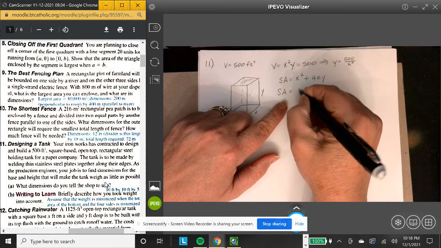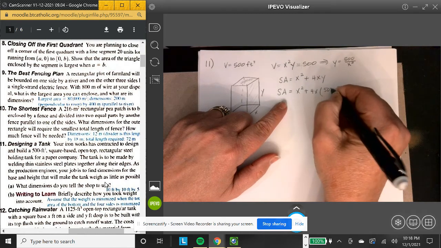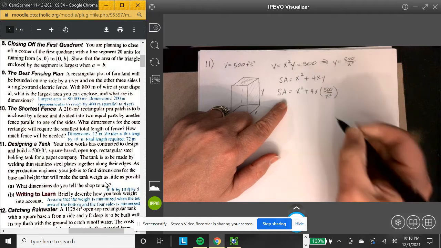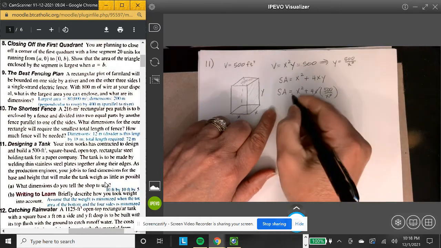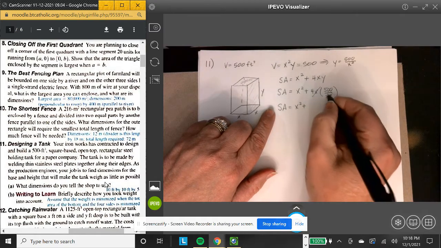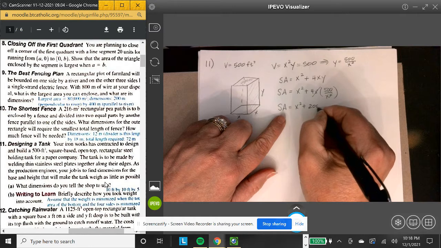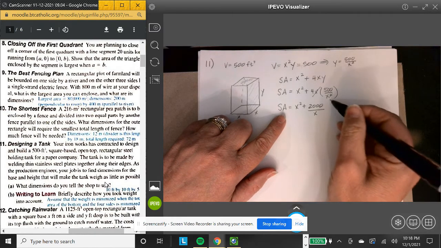So this is surface area equals x squared plus 4x times 500 over x squared. Okay, I can reduce one of these by 1, and I get surface area equals x squared plus 4 times 500, which is 2,000 over x, because I got rid of one of them.